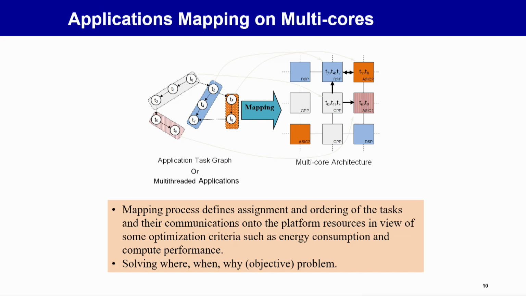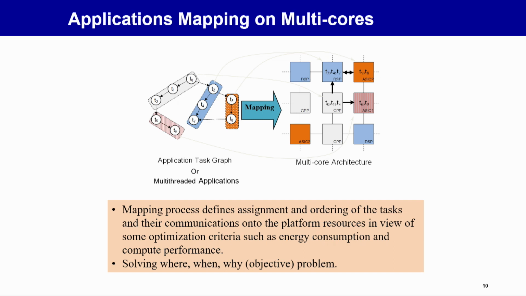When ordering comes into the picture, let's say on one of the cores there is more than one task, and the processor will be given to only one of them at one time. So ordering is basically which one will be first, which one will be after, which one will be next, or it could also be in a round robin fashion. For example, in our laptop there are a lot of applications running.